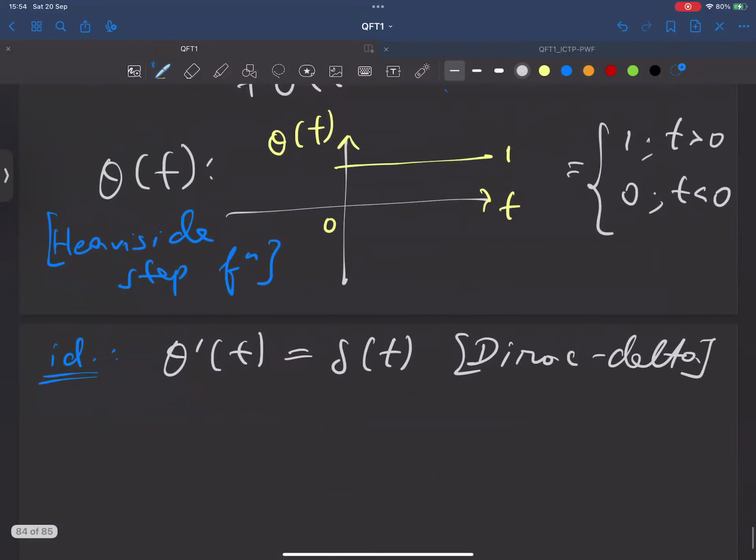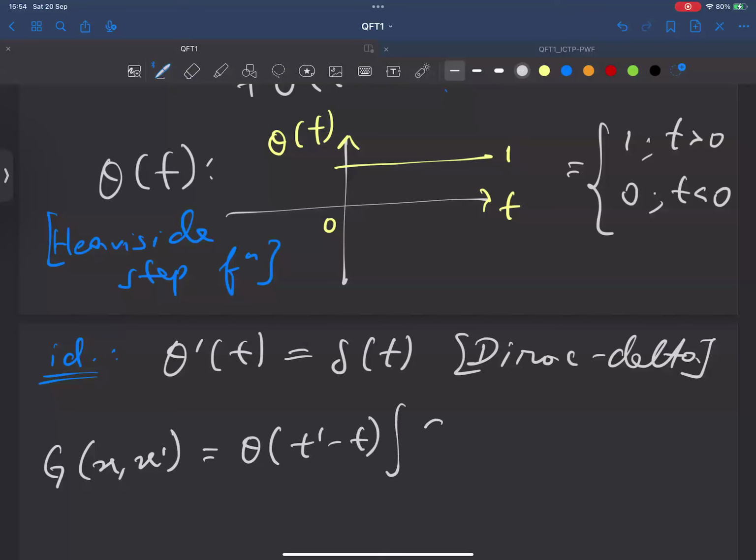If we do that, we get this thing: theta(t prime minus t).